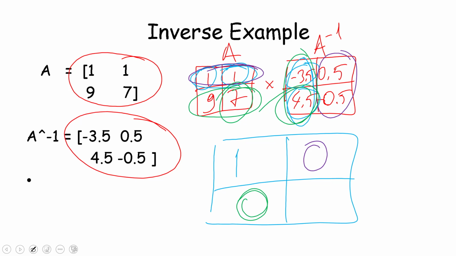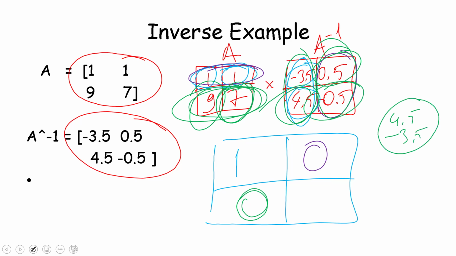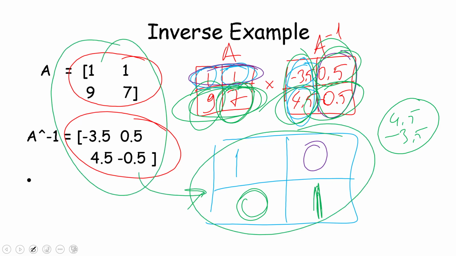And the last element of the resulting matrix can be found by taking 9 and 7, multiplying it with 0.5 and minus 0.5. 9 times 0.5 gives us 4.5. 7 times minus 0.5 gives us minus 3.5. And when we add these together, we get 1. And we have confirmed that the multiplication of these two matrices gives us a 2 by 2 identity matrix.